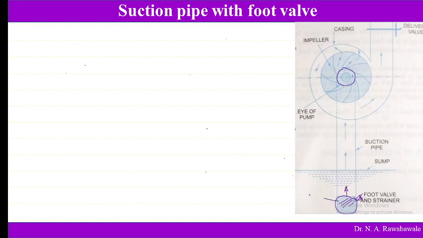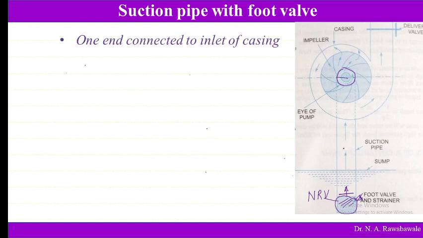This is a kind of non-return valve, so it holds the water in this suction pipe. Why we need to hold water in the suction pipe, we will see in priming. So this is nothing but the suction pipe.